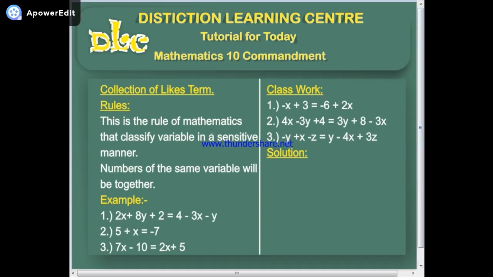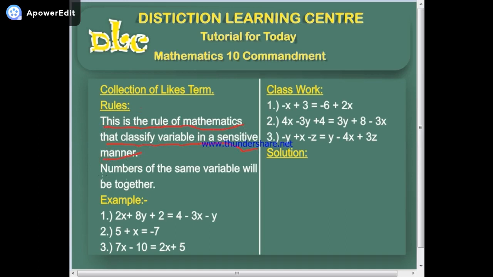Mathematics 10 Commandments. So we are proceeding to the next commandment, which is Commandment 3, that is collection of like terms. The rule states that this is the rule of mathematics that classifies variables in a systematic manner.